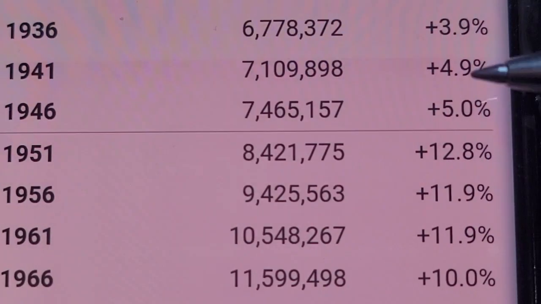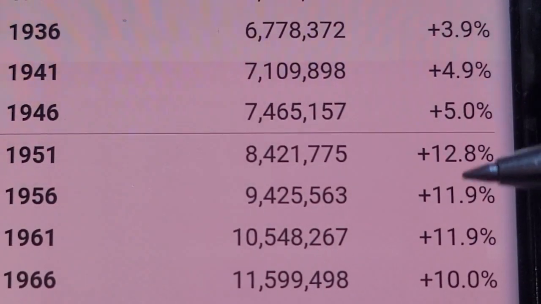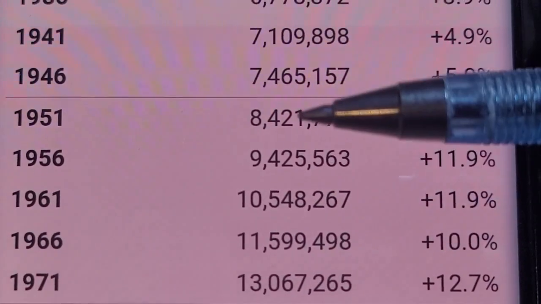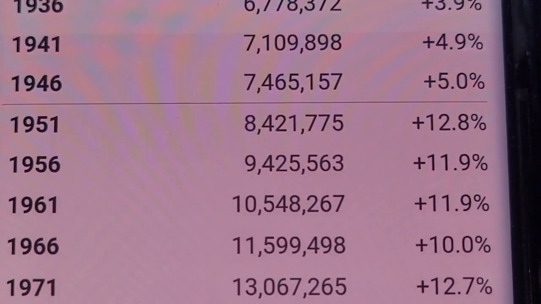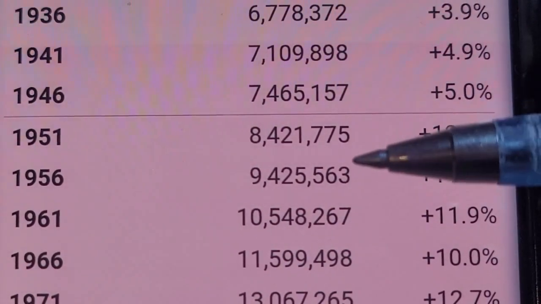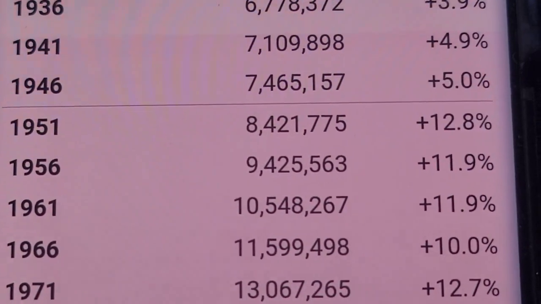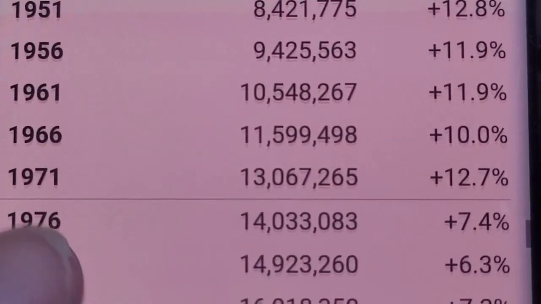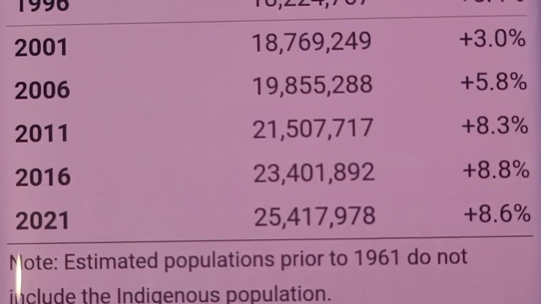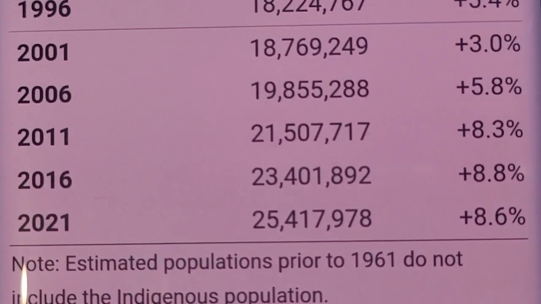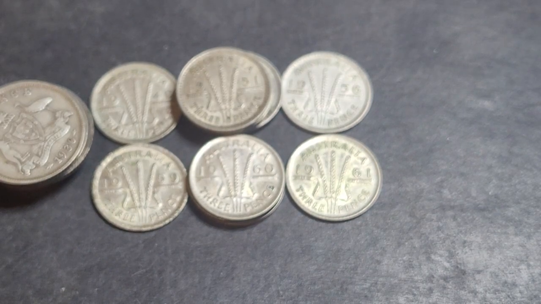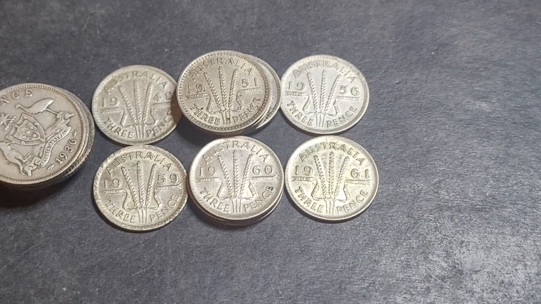You've got the percentages there, but that's year on year. As you can see, the population continues to increase. Australia is actually a high immigration place, although the last few years have been virtually zero. The current population of Australia is about 26 million. So we've got 7.5 million to 9.5 million.